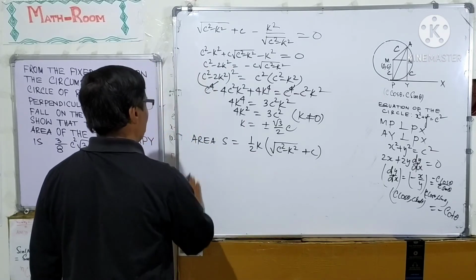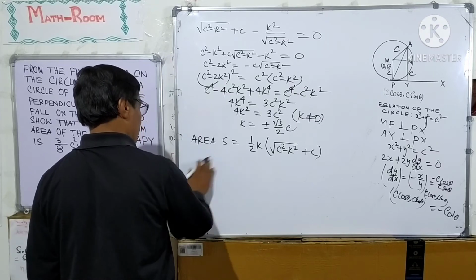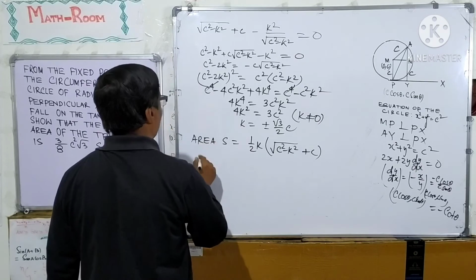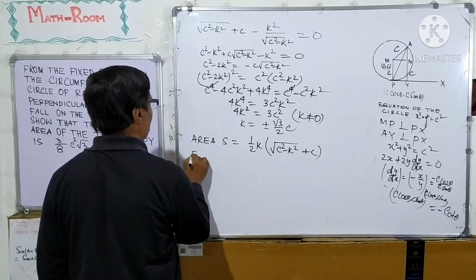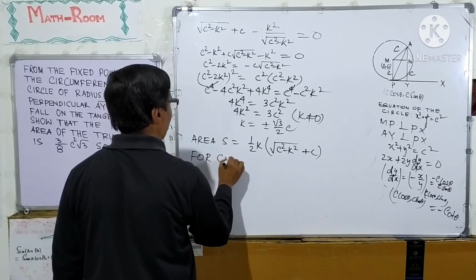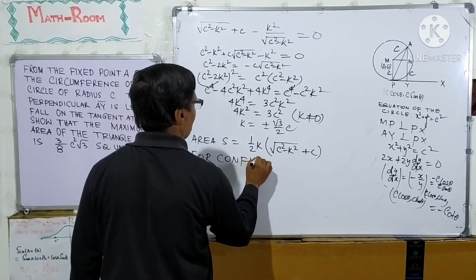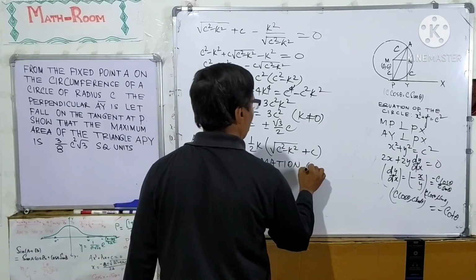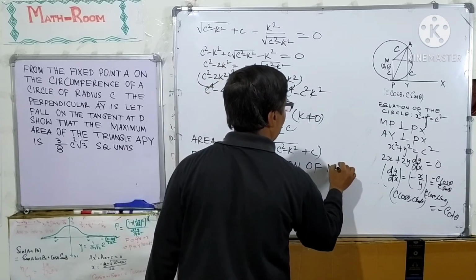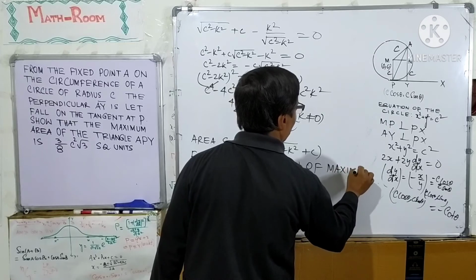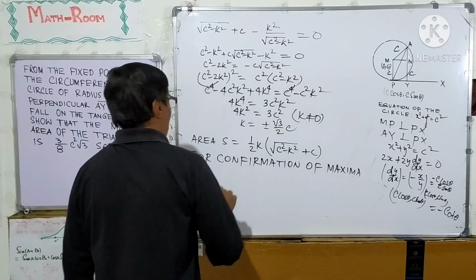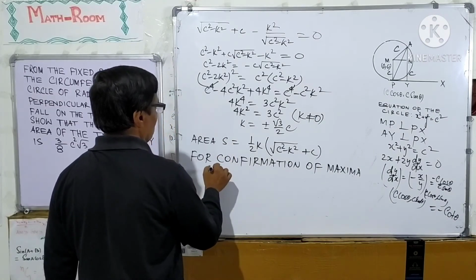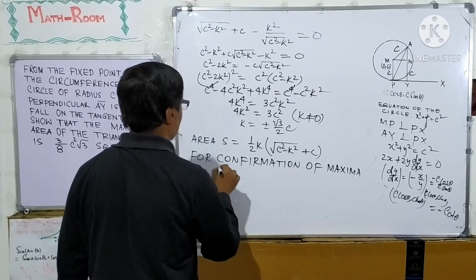For confirmation of maxima, that is maximum value of the area, we have to take the second order differentiation of the area with respect to k.